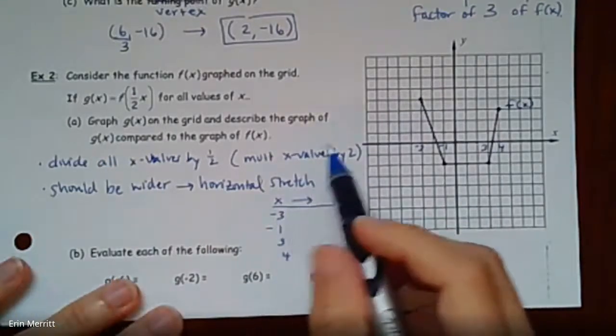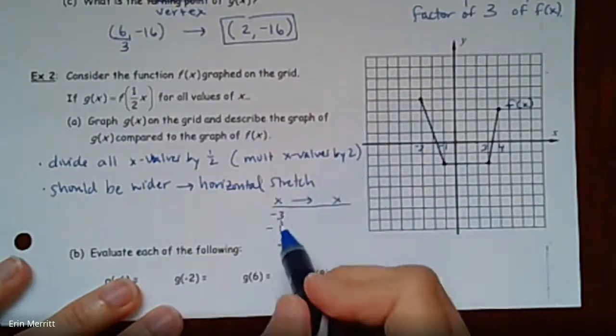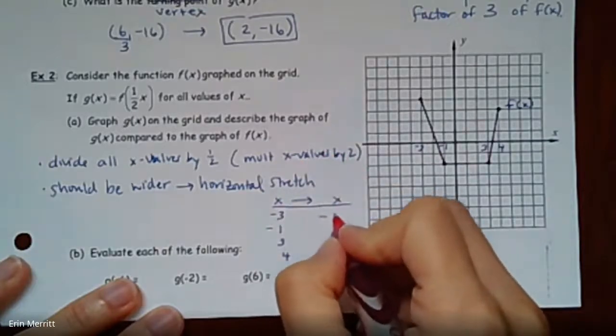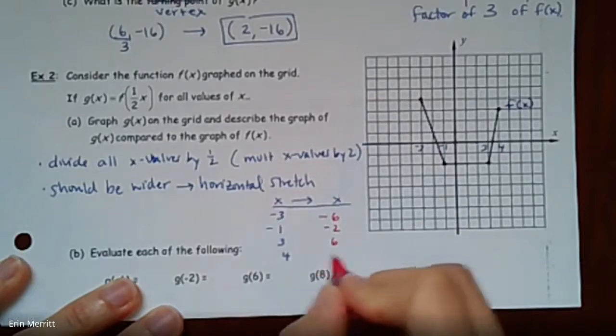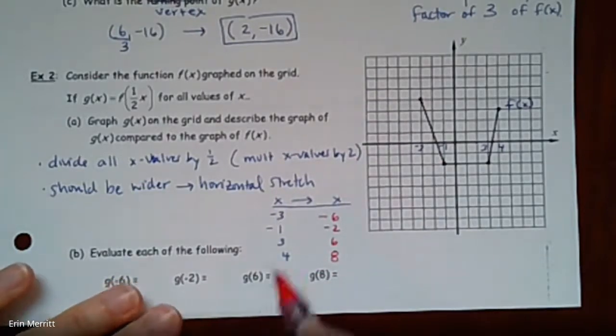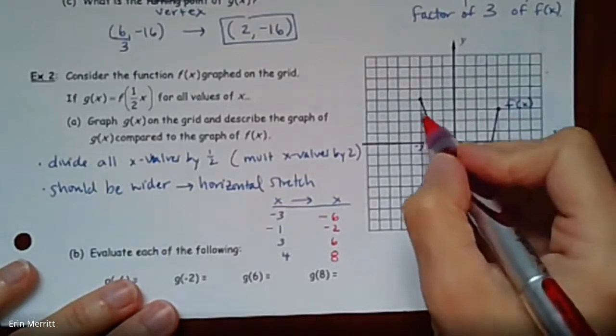So they are simply going to get divided by 1/2, which is the same as multiplying them by 2. So -3, that's going to move on over to -6. This will become -2. Multiply that, becomes 6. Multiply that, becomes 8. So the y values stay the same. So this will now be the point -6, 1, 2, 3, 4.